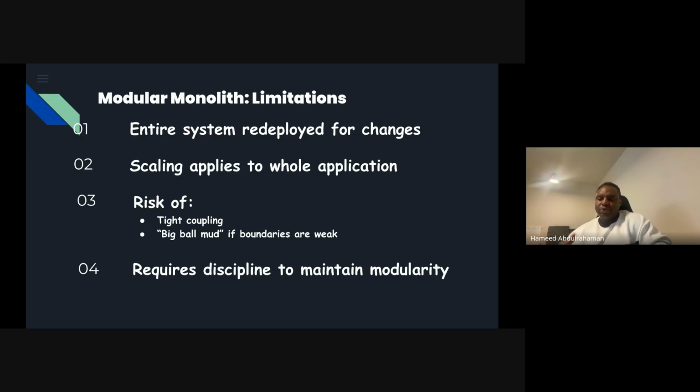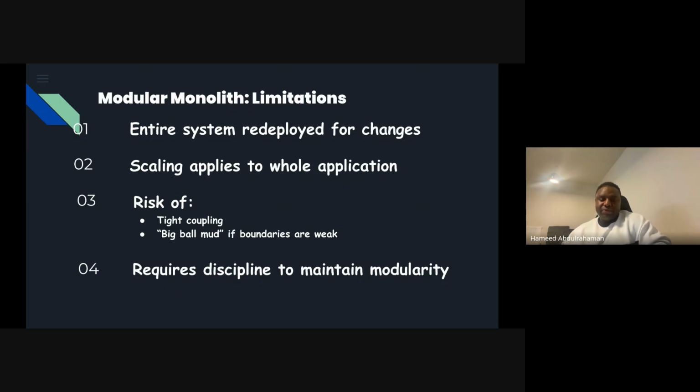New features talk to various functions or classes within the same application, so the risk to boundaries becomes very prominent, since you keep adding new features, which is expected in a business. So it requires discipline to maintain modularity.